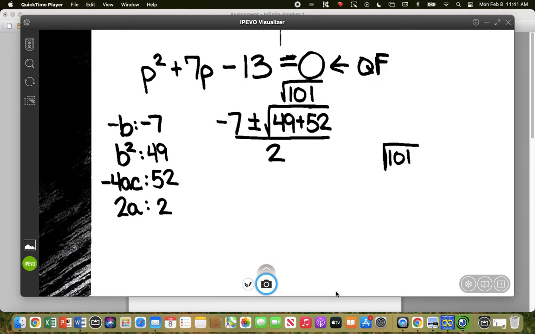Does it divide by 11? Does it divide by 13? All right, 15's not prime. What about 17? What about 19? All right, 21's not prime. But what about 23?